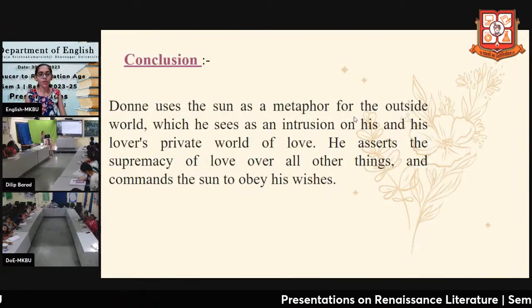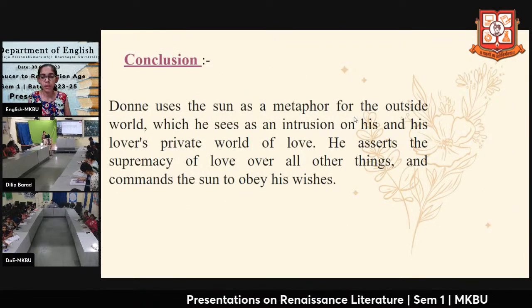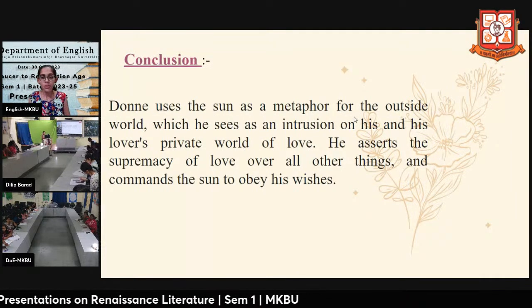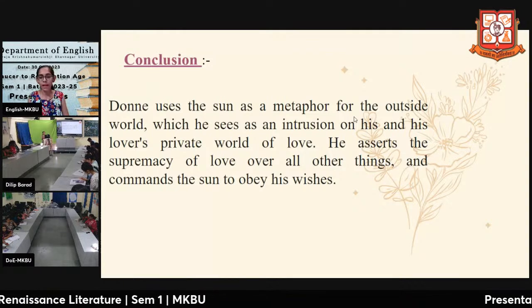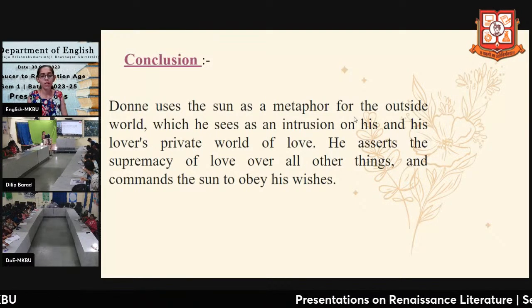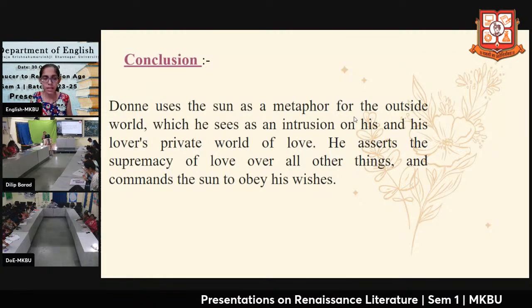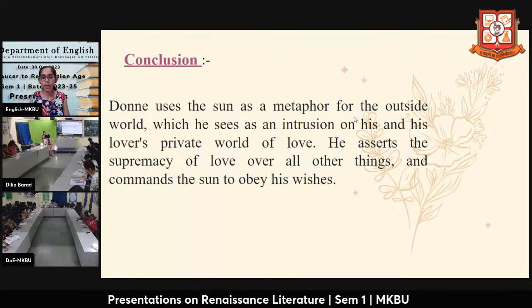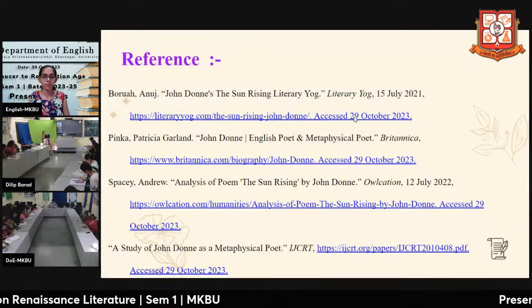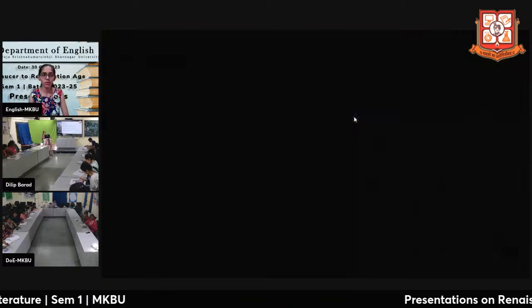Conclusion, Donne used the sun as a metaphor for the outside world, which he sees as an intrusion on his and his lover's private world of love. He asserts the supremacy of love over all other things and commands the sun to obey his wishes. These are the references. If any question, you tell me.